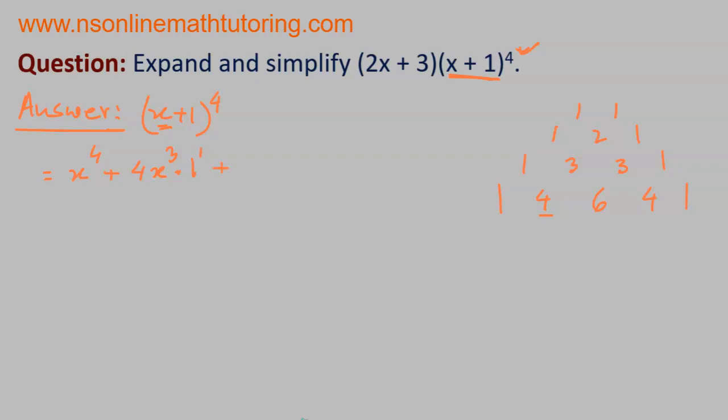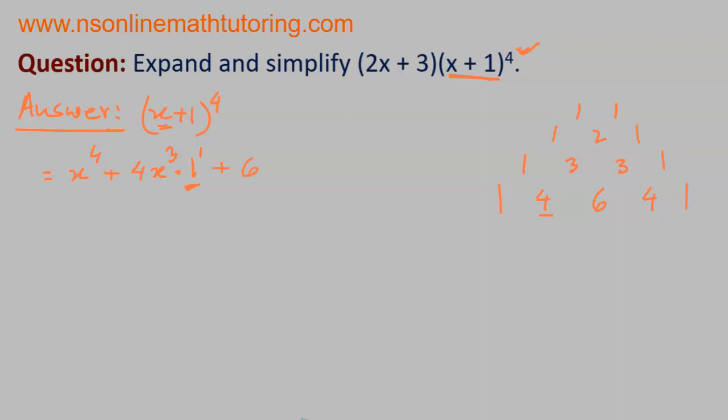I could have skipped the 1 part because I think because you are new to this binomial expansion, that is why I am writing the 1 explicitly. Otherwise I would have skipped this part, because any number multiplied with 1 and 1 raised to any power is 1, and any number multiplied with 1 is the same number. So this part can be skipped. Okay. But since you are new, I am including this part.